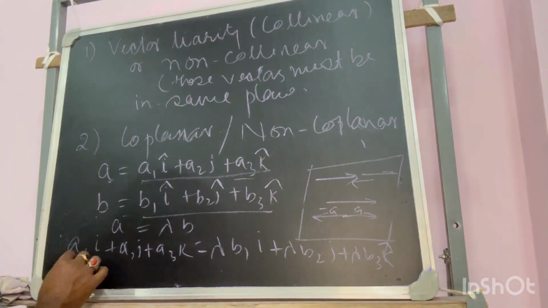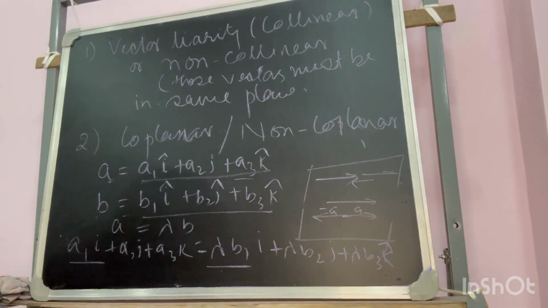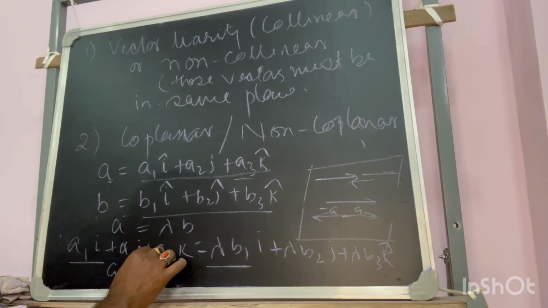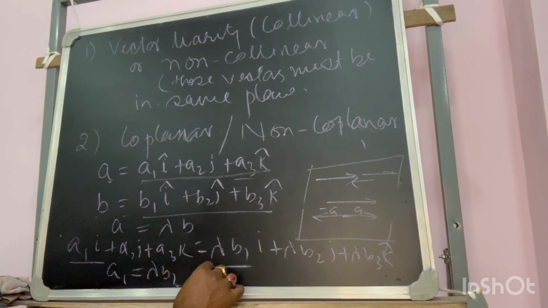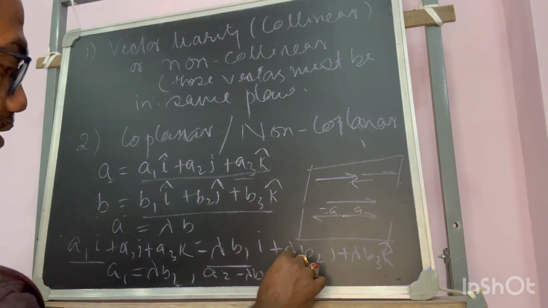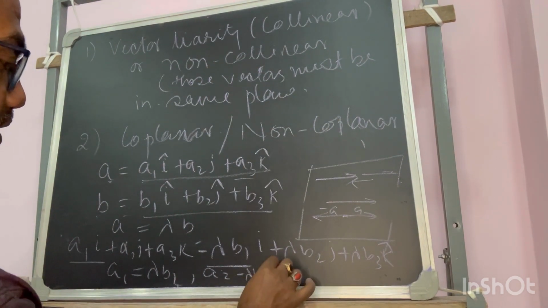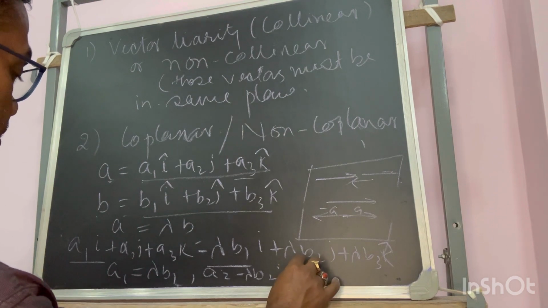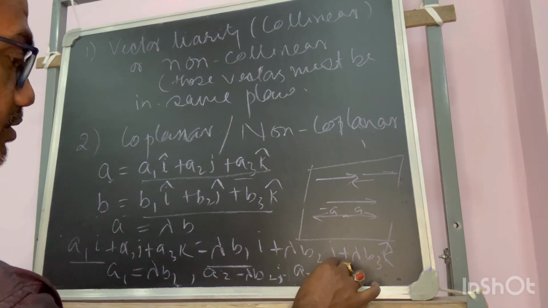Now in this case each element also has to be equal, that means a1 equals lambda b1, a2 equals lambda b2, and a3 is equal to lambda b3.